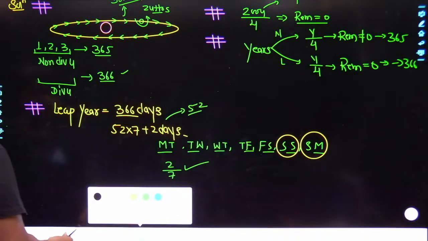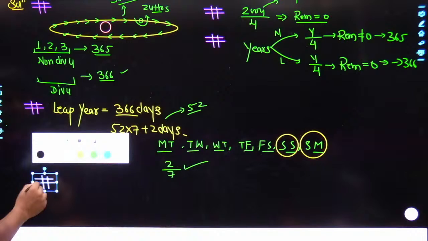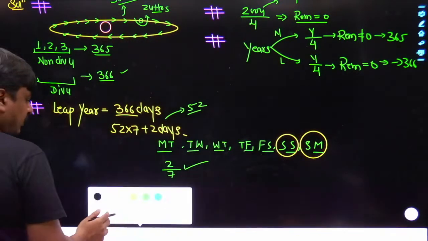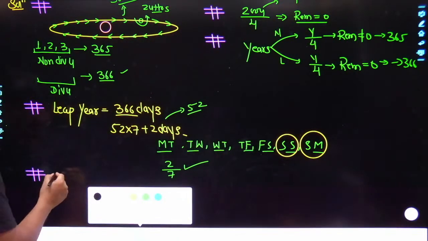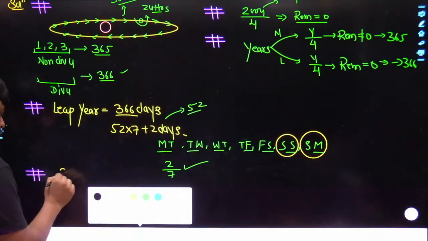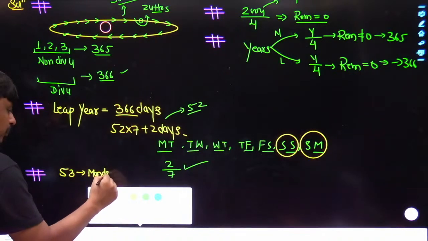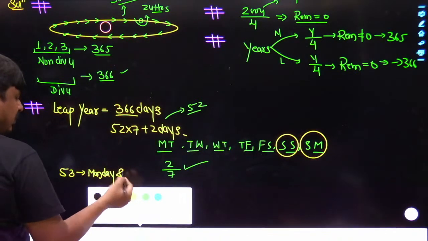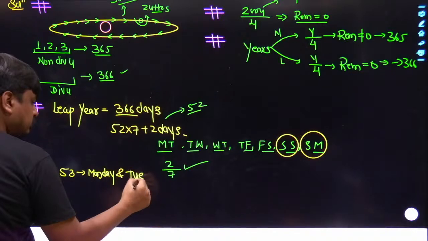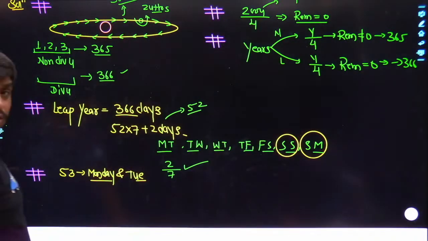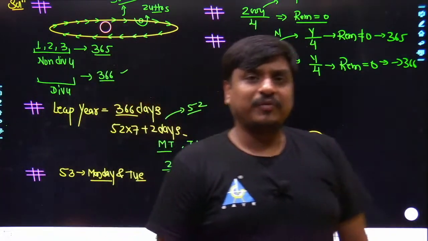Now in the same sequence, if the problem had said you should have 53 Mondays and let's take Tuesday, that means Monday should also be 53 and Tuesday should also be 53.